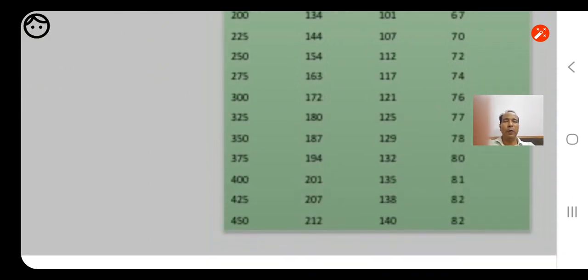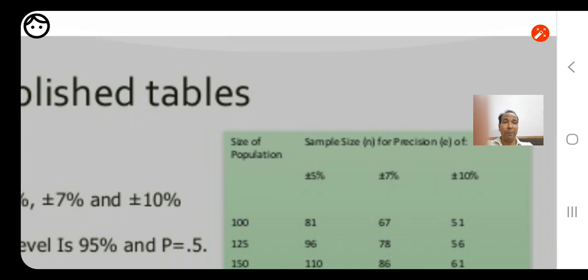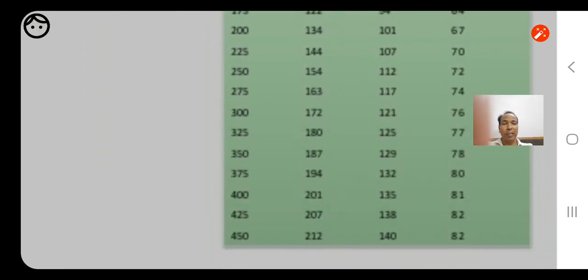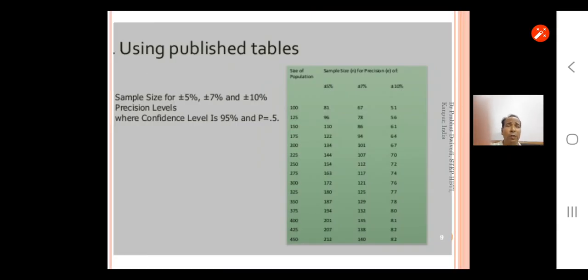If there are 450 population size with 50% proportion and 5% permissible error, 212 should be the sample size. So this is how the published tables are there, which we can always refer to.